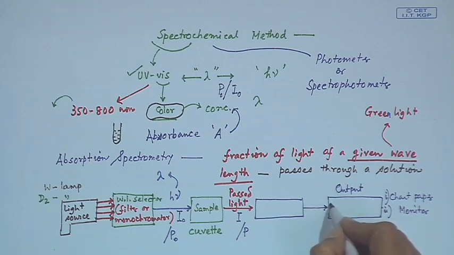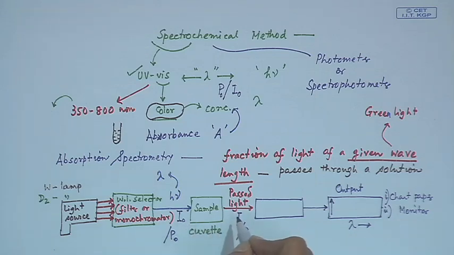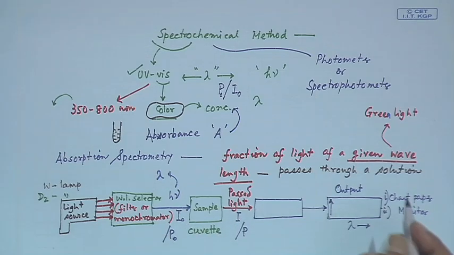So, the screen of the computer monitor is therefore utilized for plotting of this thing. So, lambda will be plotted against the corresponding thing, that means these two quantities, the ratio of these two quantities P and P 0 will be plotted in the other axis. So, x axis will be the lambda, what we are scanning one after another, one wavelength to the other, starting from say 350 to 800 nanometer for the whole visible range.